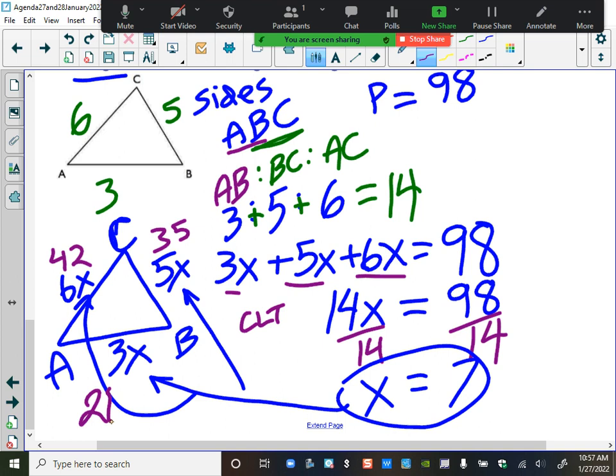This one was probably the hardest one out of the bunch. The rest of this activity, I just want us to start talking about the top of the next page, because that's ratio and proportion. That's where the connections are really going to take place.